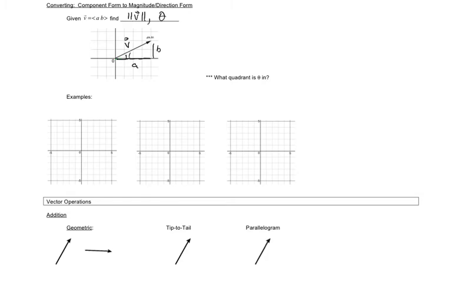So let's call this our theta, standard position. To do that, again, it's just trig, and actually the Pythagorean theorem. So the magnitude of that vector is the square root of a squared plus b squared. Just using the Pythagorean theorem. And then if I want to find theta, the tangent of theta equals the y component, which I labeled b here, over a. So b over a.